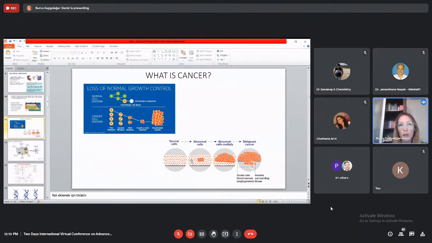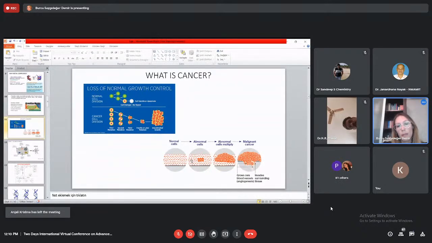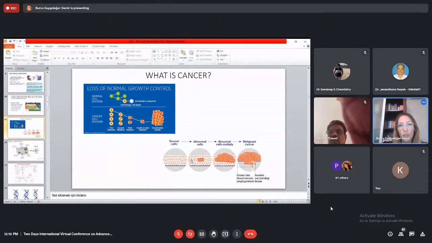All of these are the results of DNA mutations caused by some environmental factors, for example, UV rays, chemicals, etc. These are effects, or maybe genetically transmitted.